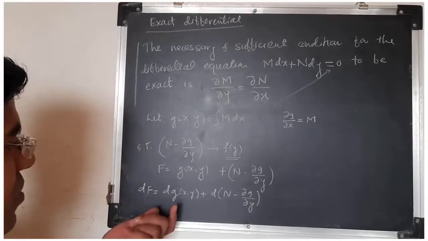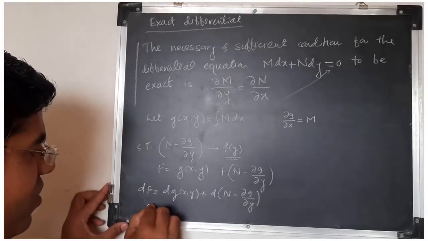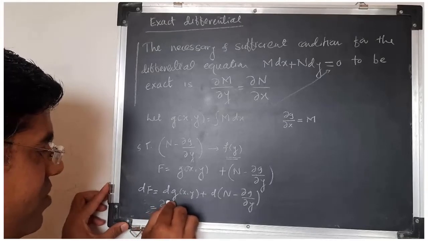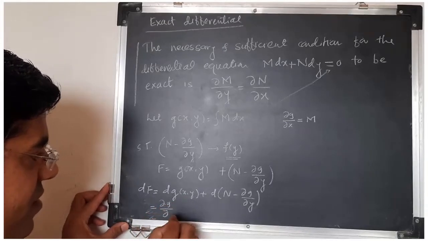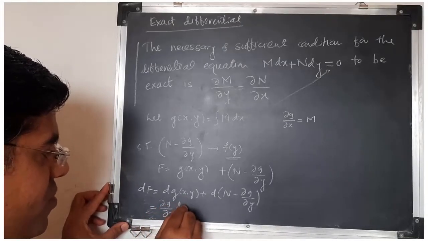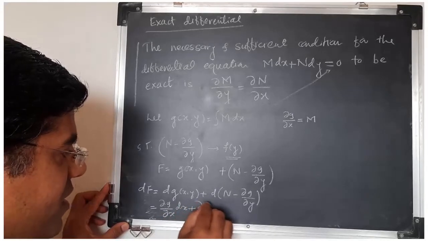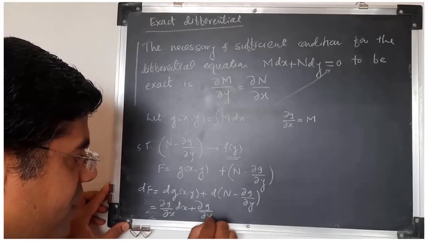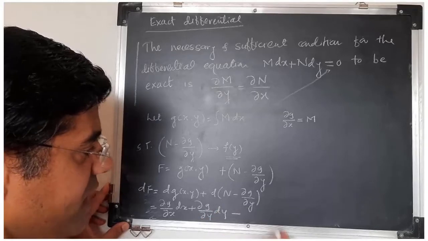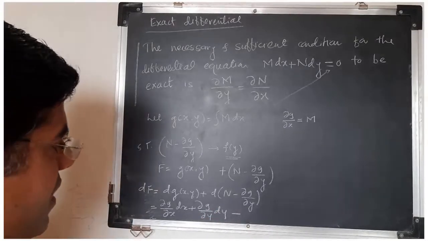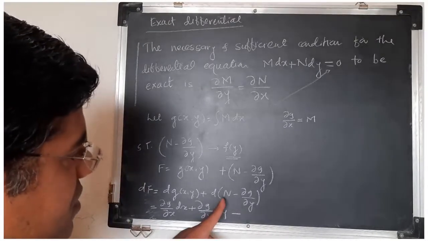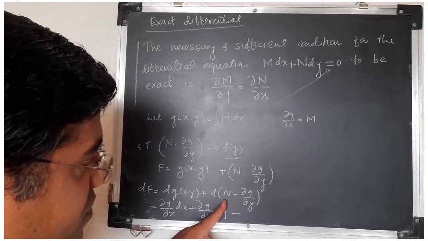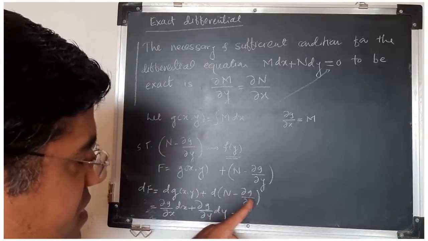Now, the total derivative of this function with respect to x and y: ∂g/∂x into dx plus ∂g/∂y into dy, and this is a total differentiation with respect to x and y.